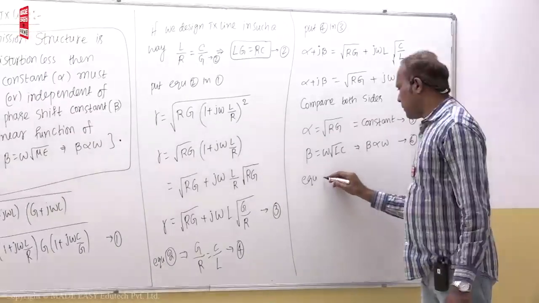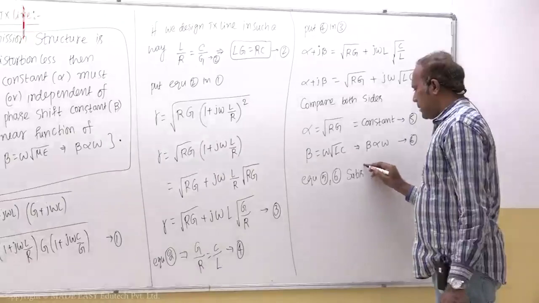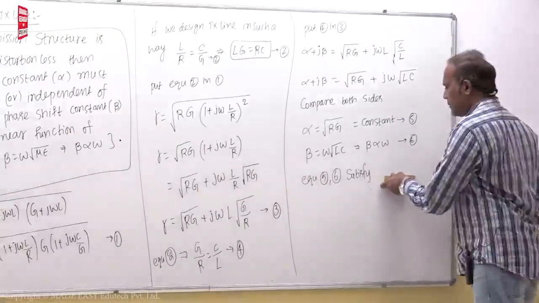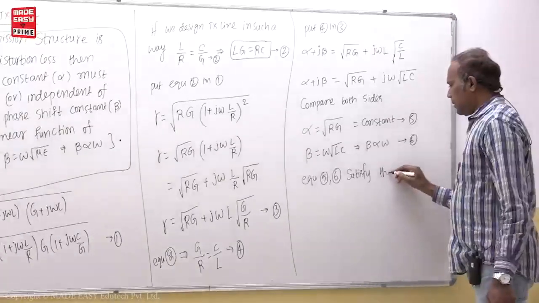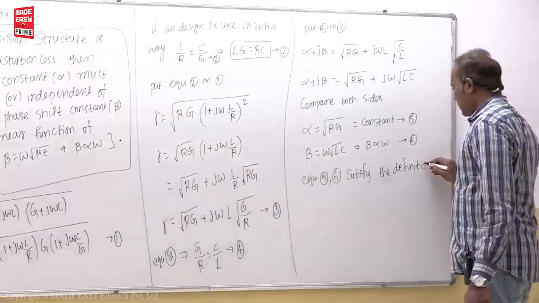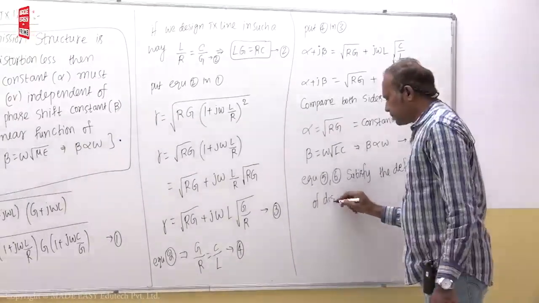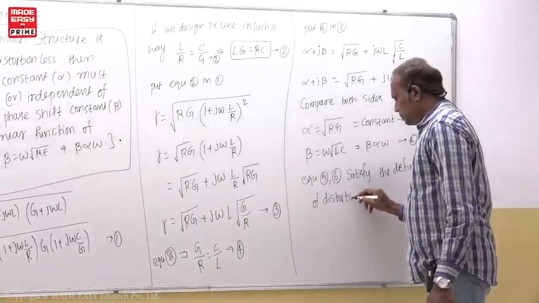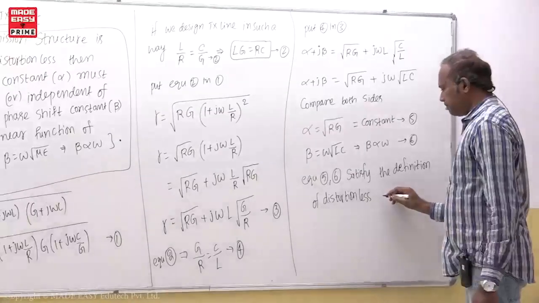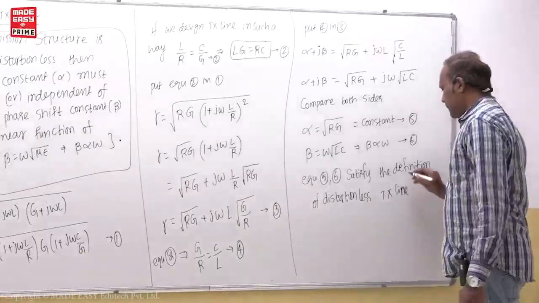Equation 5, 6 satisfy the definition of distortionless transmission line. Okay.